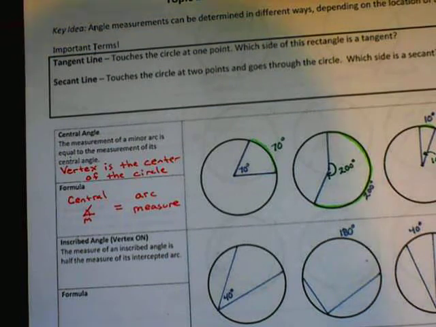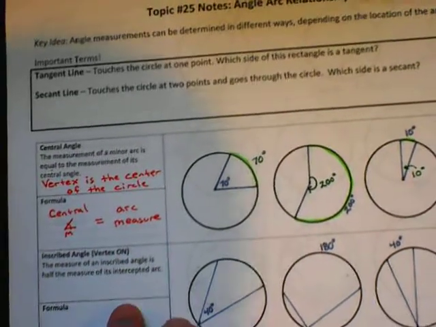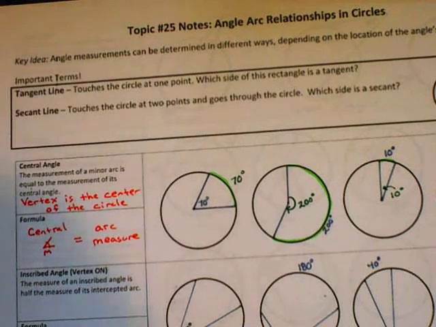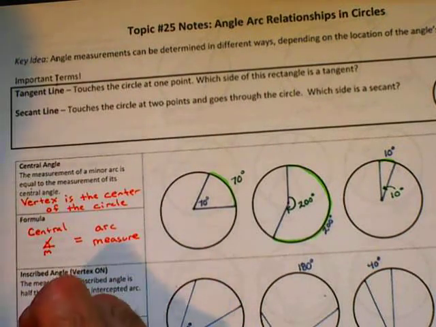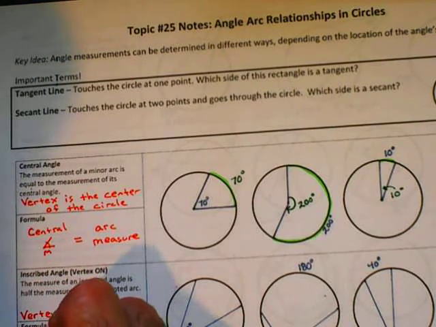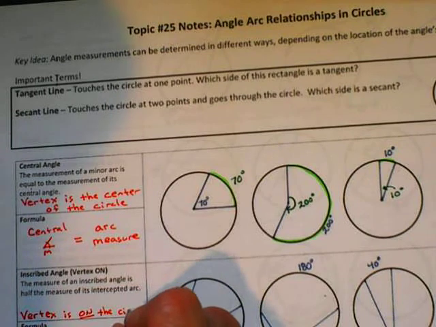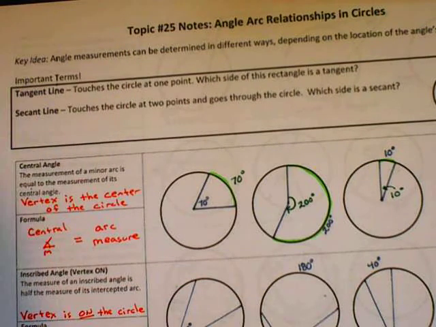From there, we go to inscribed angles. Inscribed angles are when the vertex is on the circle. Here they say the measure of an inscribed angle is half the measure of its intercepted arc.